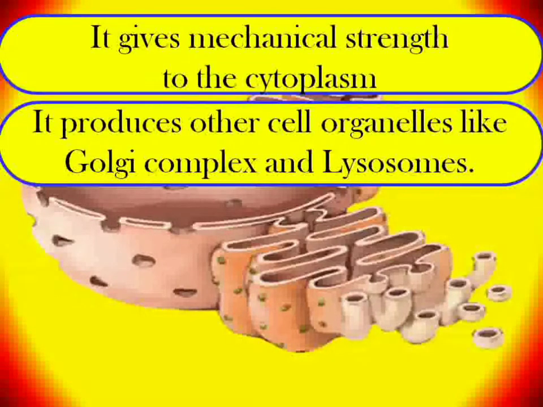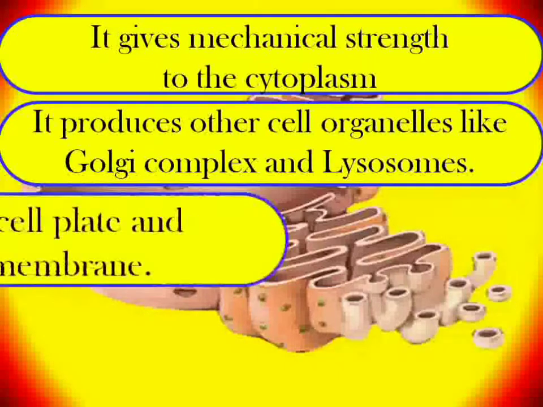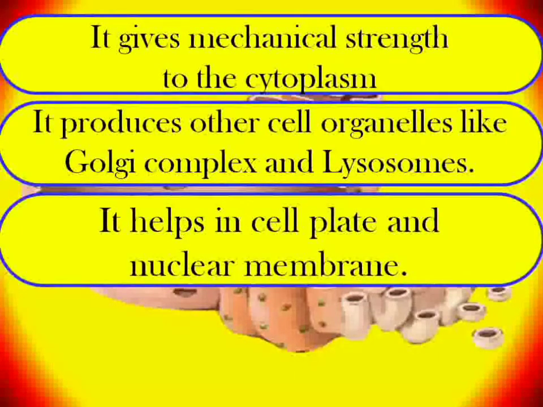It helps in formation of the cell plate and nuclear membrane. During cell division, after karyokinesis, the next stage is cytokinesis. For cytokinesis, a plate should form between the upper half and the lower half of the cell. This cell plate is formed by the endoplasmic reticulum.